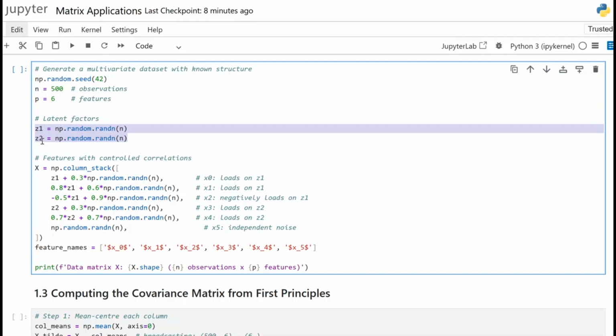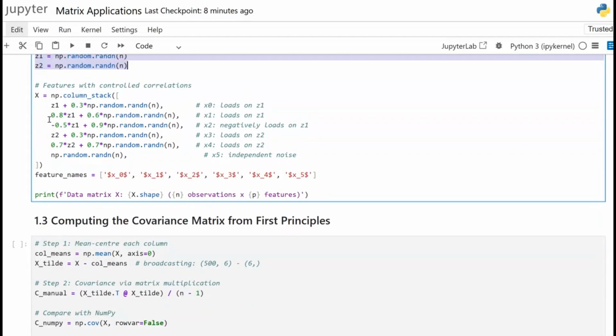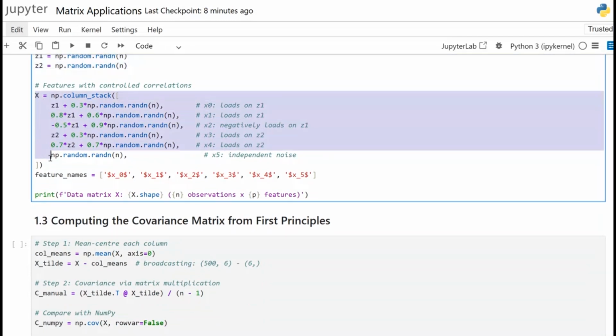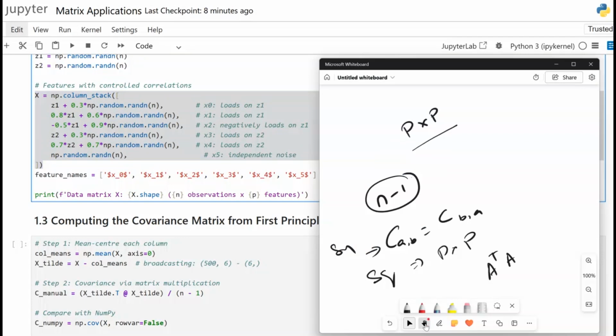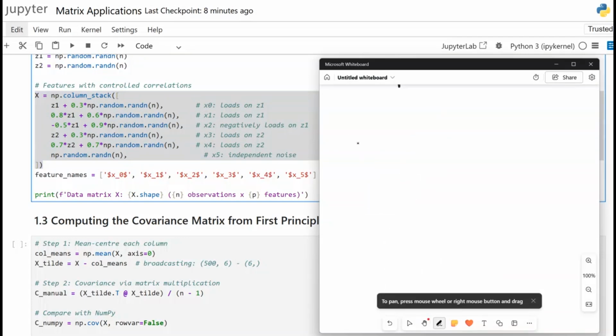Conceptually, they represent hidden sources influencing multiple variables. And here we have X, the features with controlled correlation. Each feature is constructed as a loading times a latent factor plus noise.